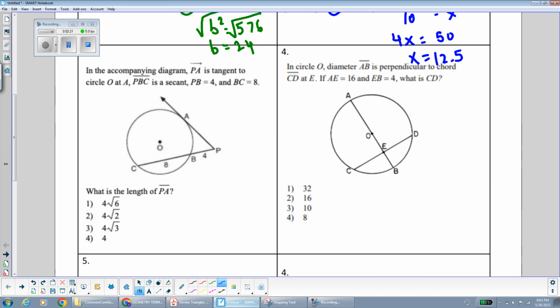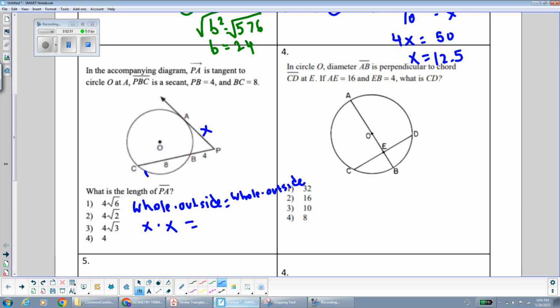Over here, I'm talking about the segment lengths formed by a tangent and a secant. So if we're finding the length of PA, we're going to use our formula, whole times outside equals whole times outside. So for the tangent, the whole and the outside are both x.